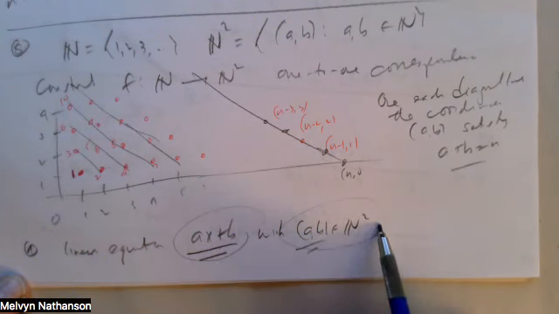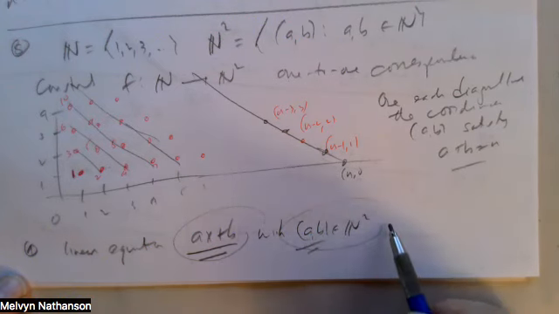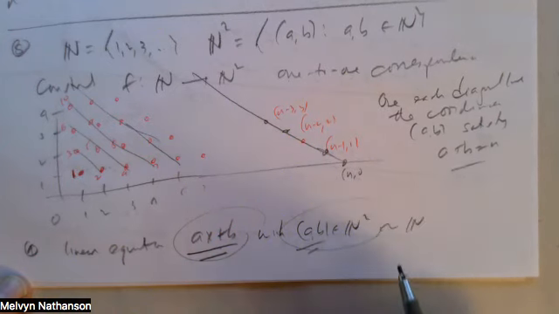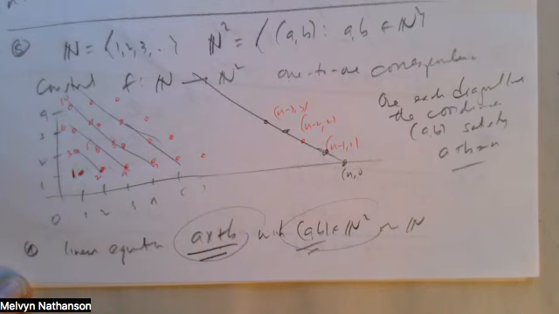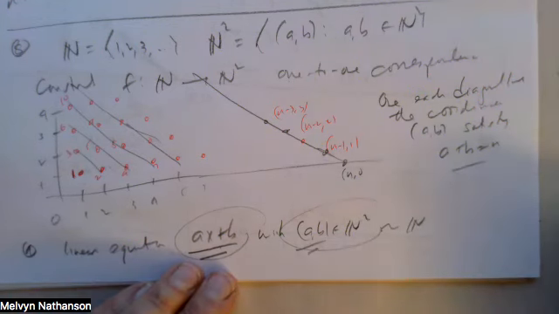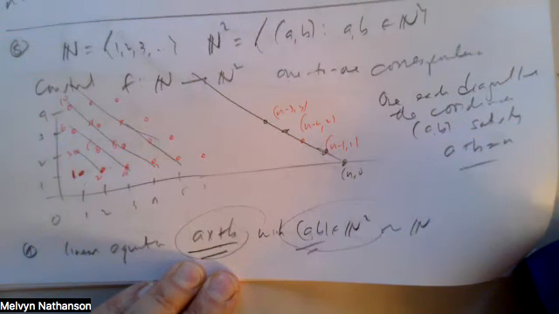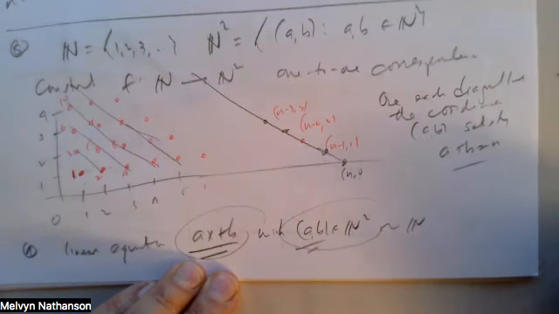And the number of ordered pairs is the same as the number of positive integers. This is equivalent to the set N. That's what we proved in the previous problem. So 8 implies 9 immediately. We're just looking at ax plus b expressions, and there's one for every ordered pair.